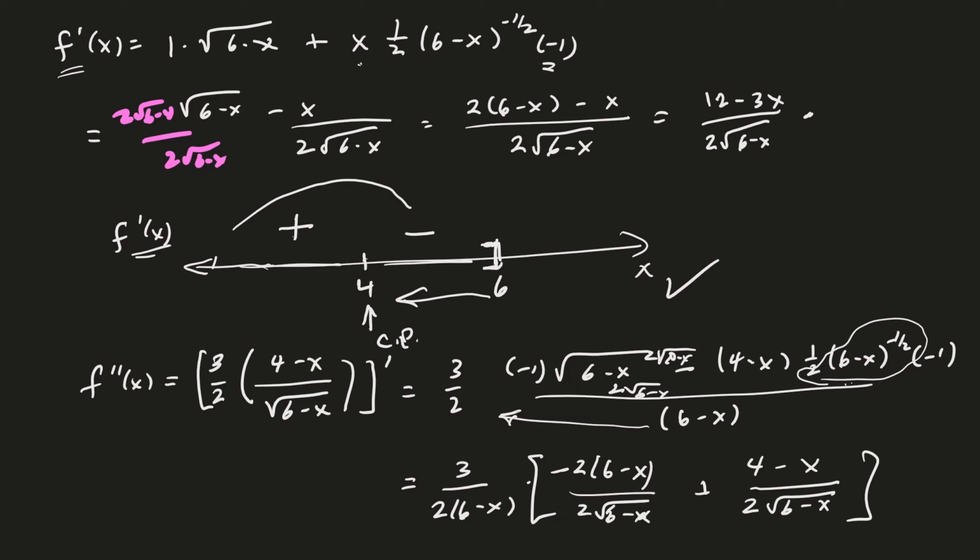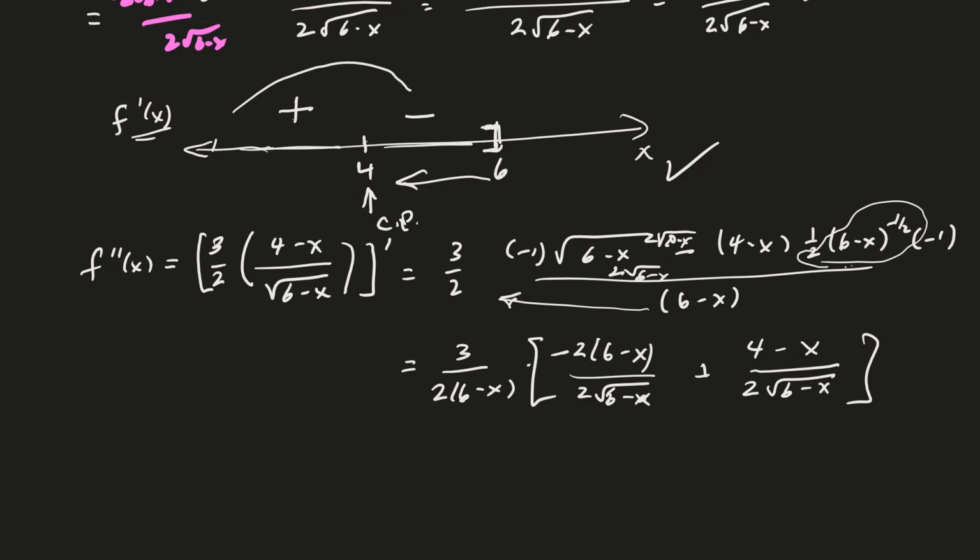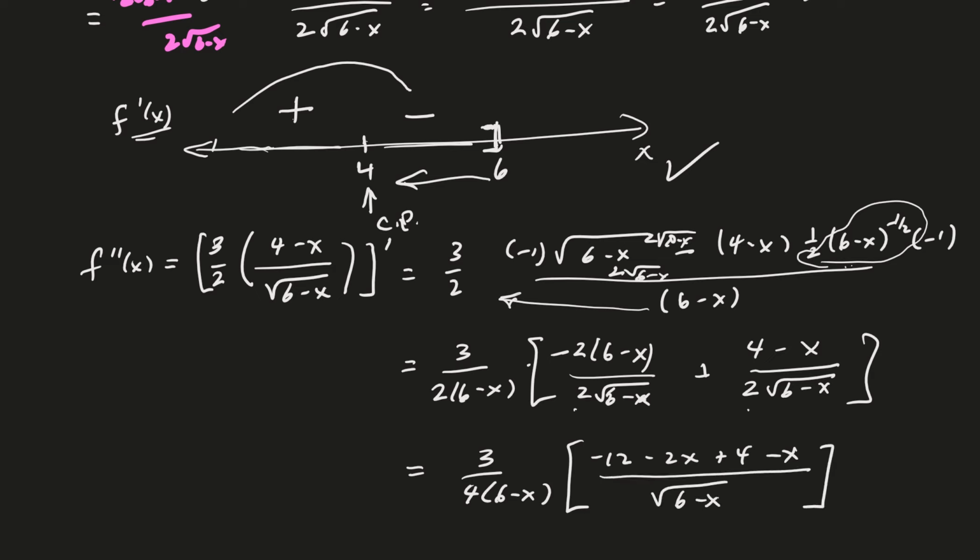Good. Now I think I've got everything lined up appropriately here. I can take out that 2, so that would be 3 over 4 times 6 minus x times, and then up on top I've got minus 12 minus 2x plus 4 minus x, all divided by the square root of 6 minus x.